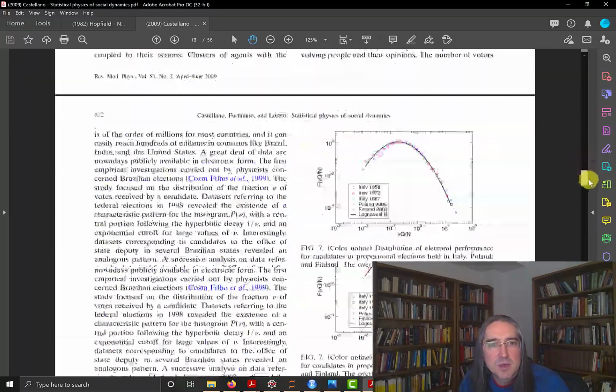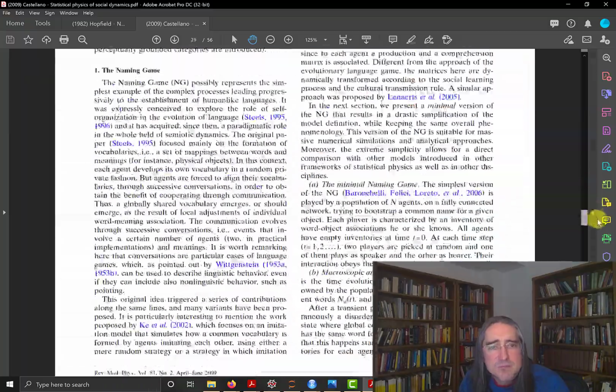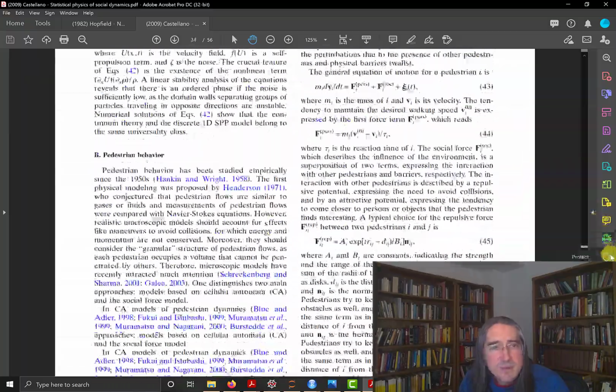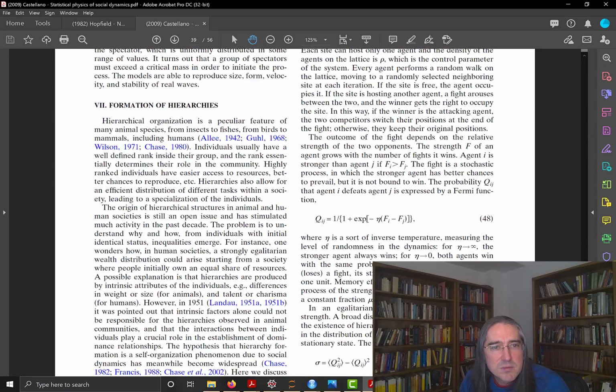We're going to scroll way down. And formation of hierarchies. So this is a very interesting question, which is to say, when you look at humans or out in the rest of the animal kingdom, you see hierarchies, right?